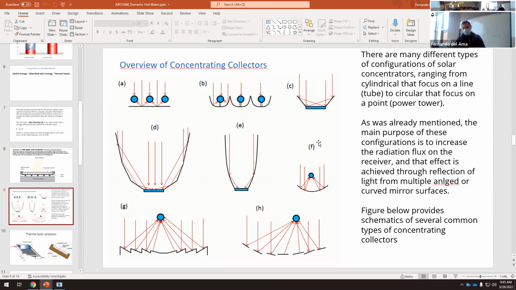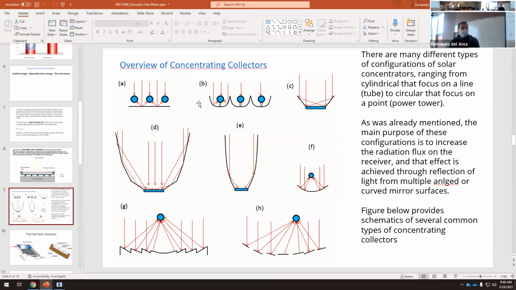If we have a parabolic mirror, well, the geometry says that every single ray is reflected in this parabolic mirror, and all the reflections meet on the same point, the focus of this parabolic shape or this parabolic mirror. So if we place this pipe in the right place, all the reflected solar radiation meets on that place, and then we maximize the amount of energy that this pipe is getting.